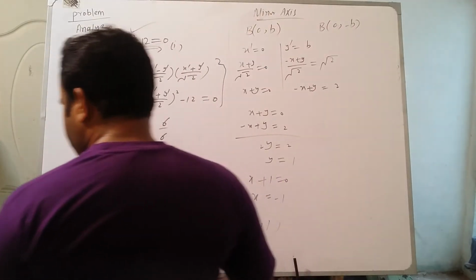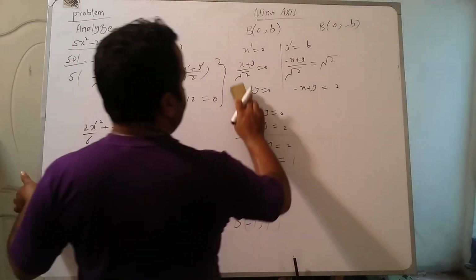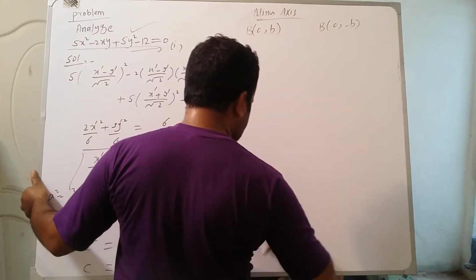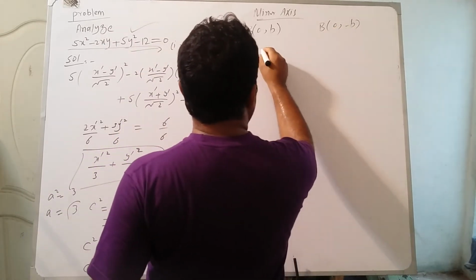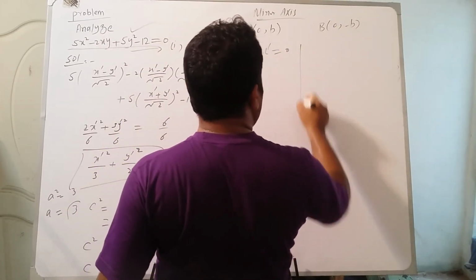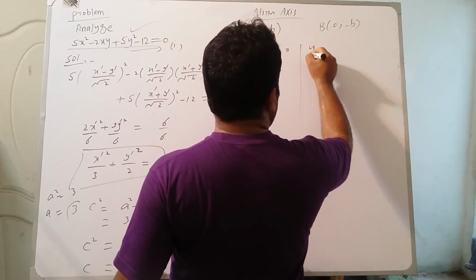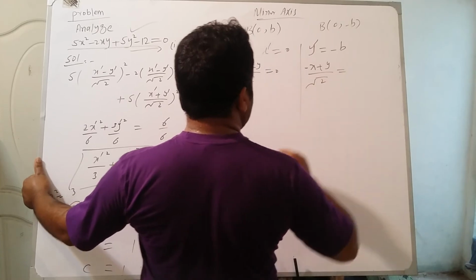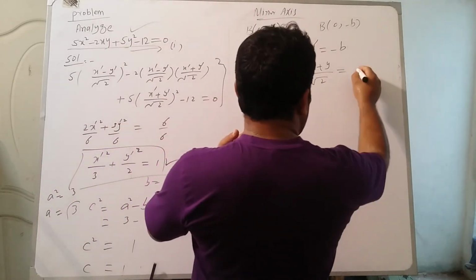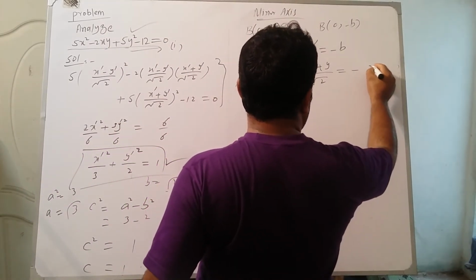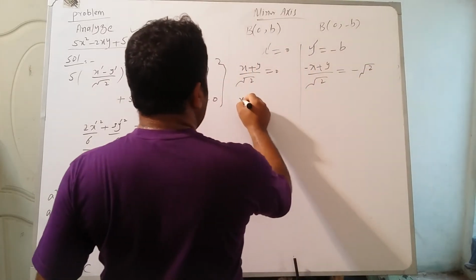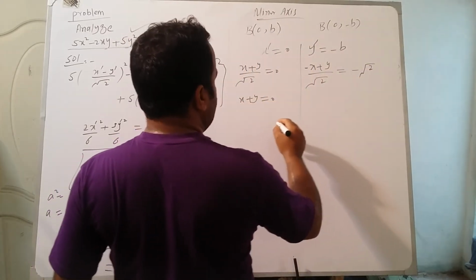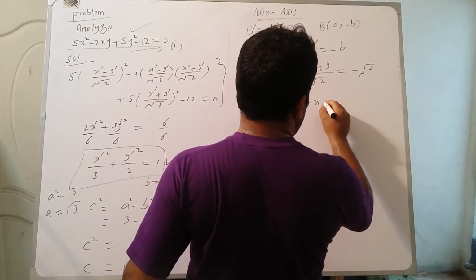Now we find B dash. Here for B dash, x dash is equal to 0 and y dash is equal to minus b. x dash is equal to 0 means (x plus y) over root 2 is equal to 0, and (minus x plus y) over root 2 is equal to minus b, means minus root 2.